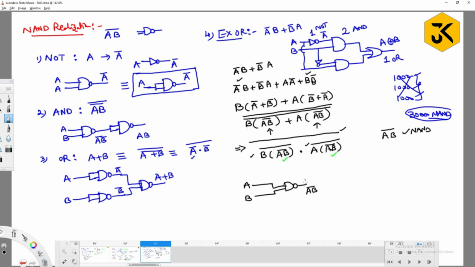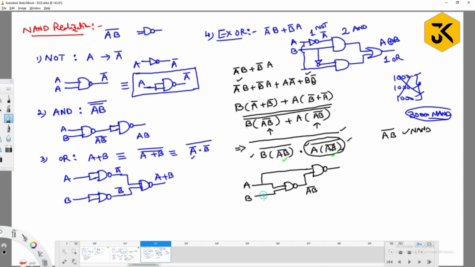This AB complement I need to give to B, or let me do it with A first. I will try to do this procedure with A. A into the AB complement we got. For that I am going to have a complement once again. Now this one acts as this one.